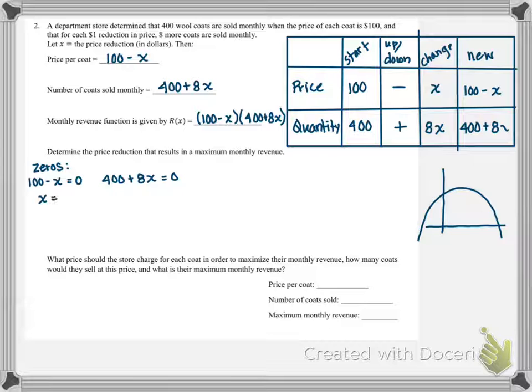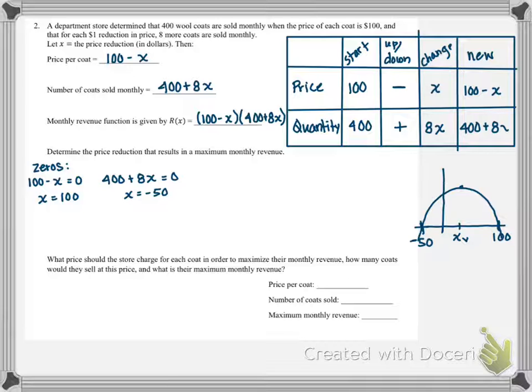Which gives me x equals 100 and x equals negative 50. So this is negative 50 and this is 100. And if I want to find my vertex, it's going to be halfway between those. So I'm just going to average them. Remember, that's how we got the vertex formula in the first place, was we just averaged the zeros.